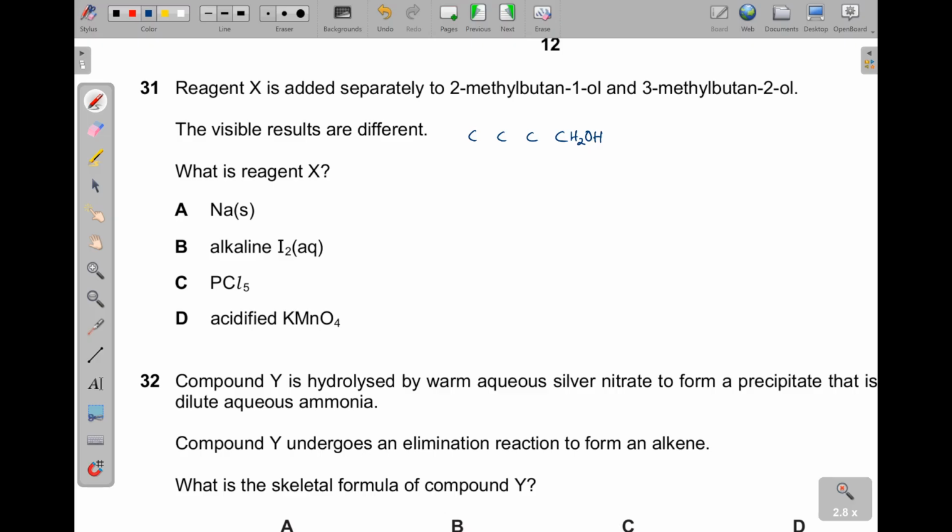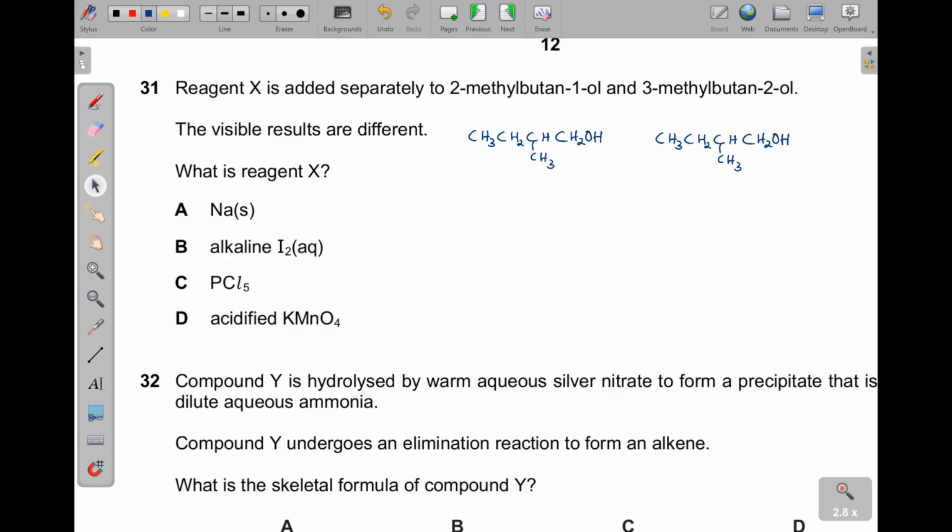And then they said 2-methyl. So the methyl group is going to be on the second one here. That means here we'll have one hydrogen, and then here CH2, then here CH3. Okay, this is the one here, 2-methyl-butane-1-ol. And then next, we are going to have this one here. It's butane-2-ol. So I'm going to just copy this one here, put it here, butane-2-ol.